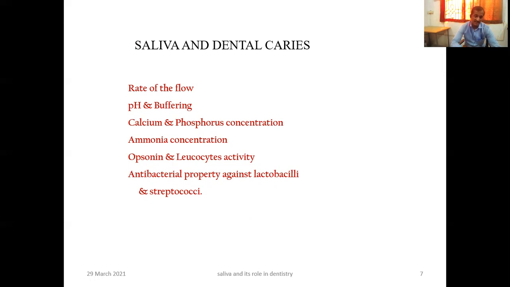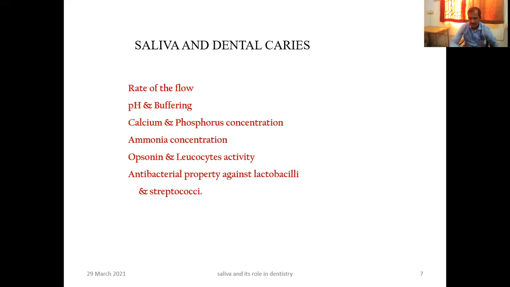The rate of flow of saliva, the pH of the saliva, buffering of the saliva, calcium and phosphorus concentration, the ammonia concentration, the opsonin, the glycolytic activity of the saliva, and the antibacterial activity against lactobacilli and Streptococcus mutans.